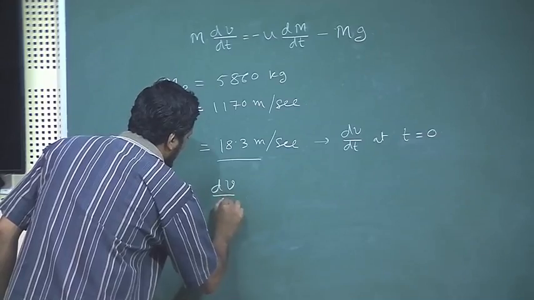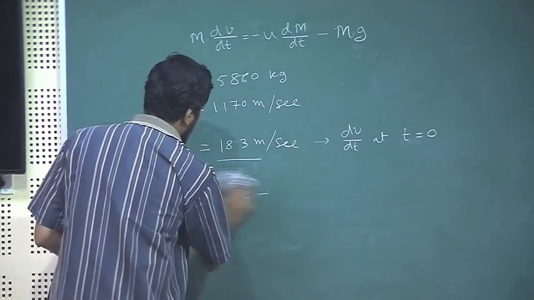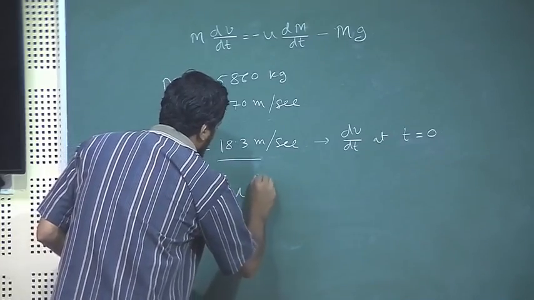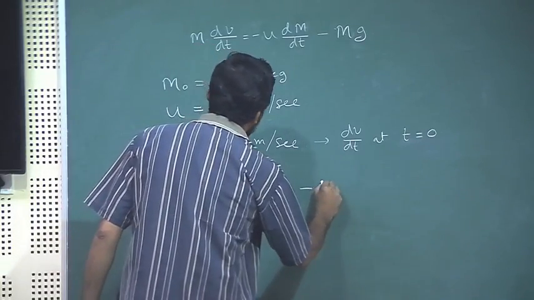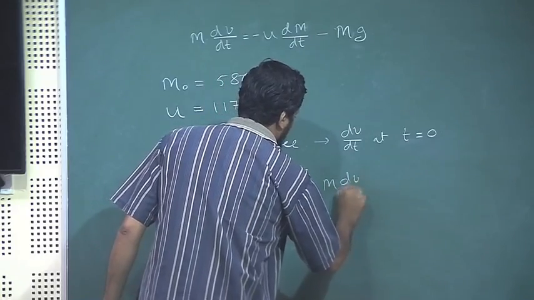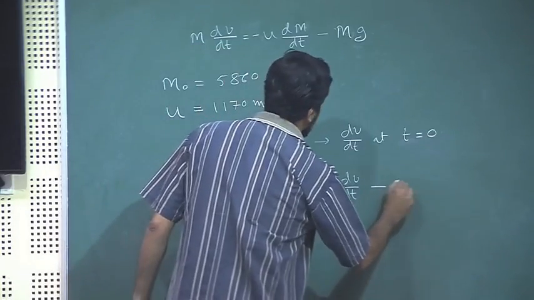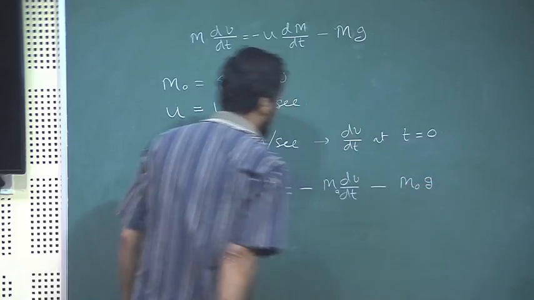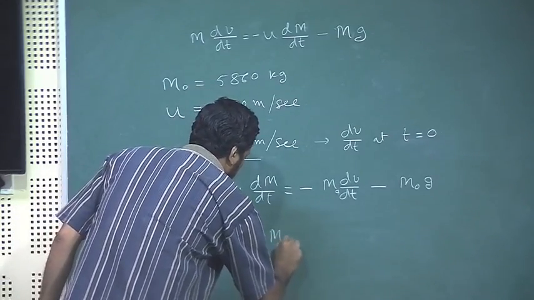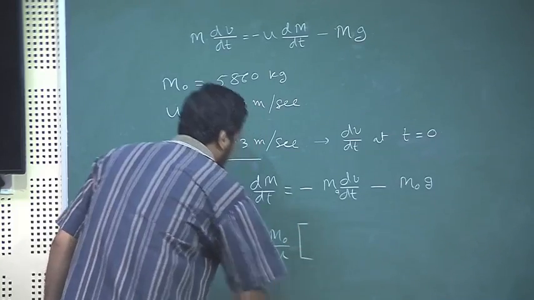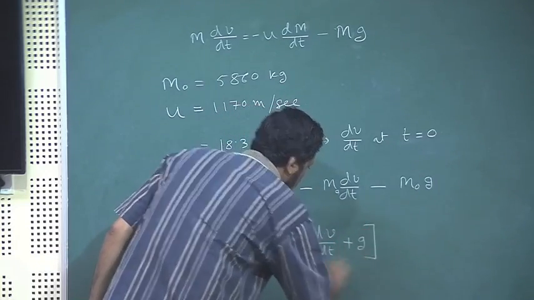So, we see that u dm dt is equal to minus M dv dt, and we put m0 here because we are calculating at t equal to 0, minus m0 g, or dm dt is equal to m0 by u times, there is a minus sign here, okay, right.